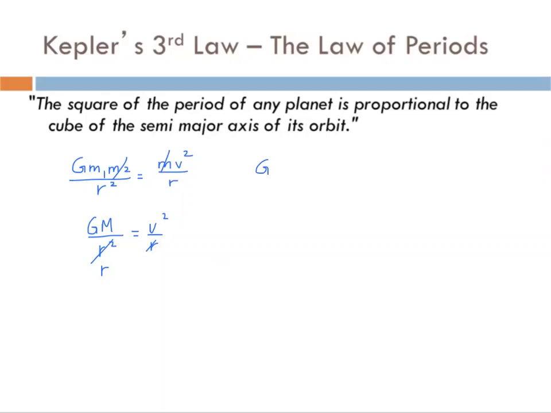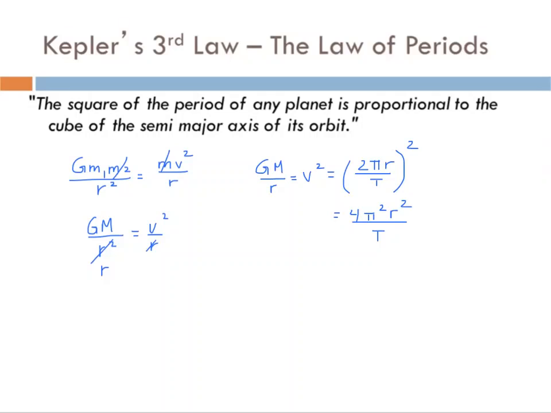So remember that if it's moving in a circular orbit, that velocity was 2 pi r over T. Again, we're pulling a lot of stuff from mechanics back. So this piece becomes squared, and we get 4 pi squared r squared over T squared.